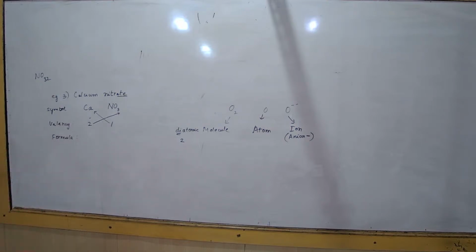Nitrate is correct. It's polyatomic, it's a single unit. Nitride is a different one. So what is this NO3? Nitrate. This is correct: NO3 minus 1.